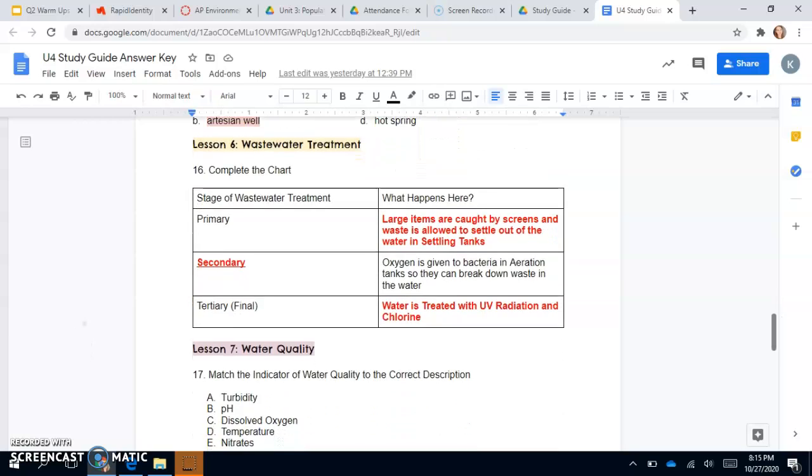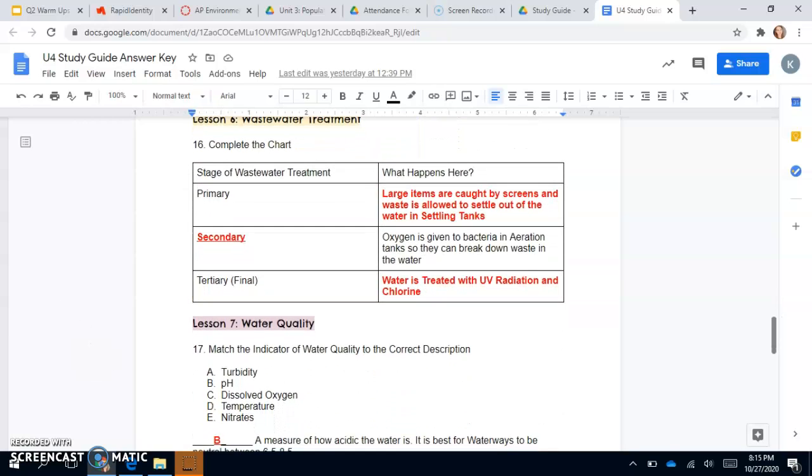Moving on to our wastewater treatment, there were 3 steps of wastewater treatment that we need to know. The primary stage is when large items are caught by screens, and then the waste is allowed to settle out of the water in settling tanks. Your grit chamber is also in your primary stage, and that is where your coffee grounds and your eggshells, or just any small sediments that aren't dissolvable in water, are able to settle out as well.